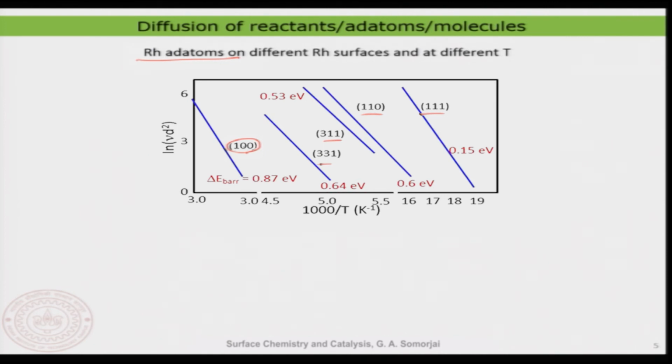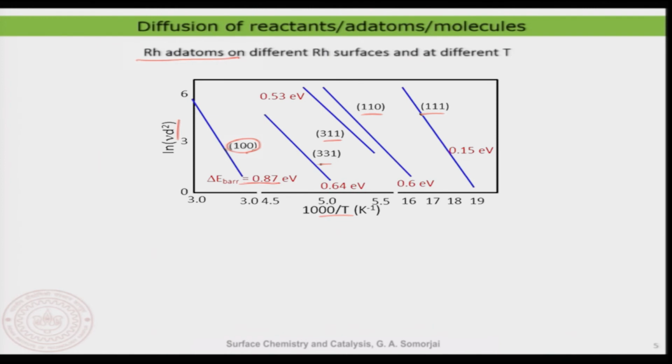The plot shows 1 by T versus log nu d square, and the slope directly gives me the barrier. Something quite interesting: the 100 surface is surprisingly the surface where the diffusion barrier is the strongest.